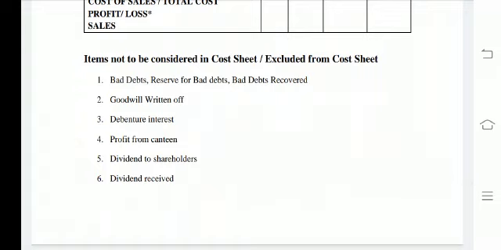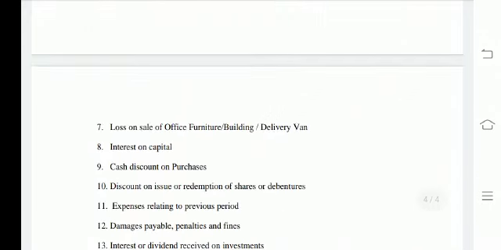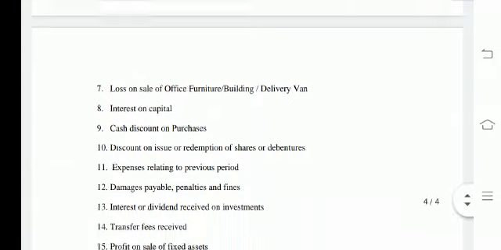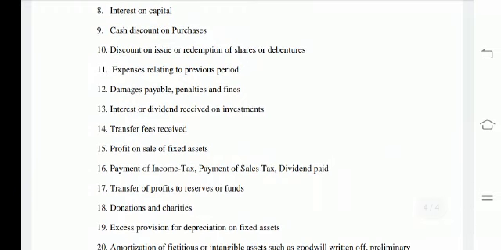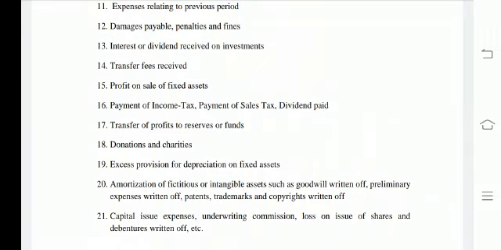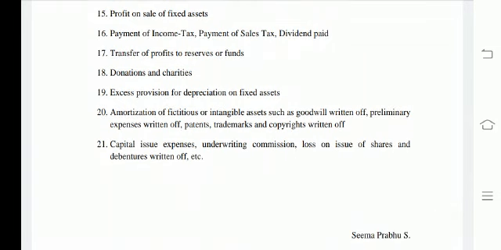Similarly, goodwill written off, debenture interest, profit from canteen, dividend to shareholders, dividend received, loss on sale of office building, delivery van, interest on capital, cash discount on purchase, discount on issue and redemption of shares or debentures, expenses relating to previous year, damages, interest or dividend received on investment, transfer fee, profit on sale of fixed asset, payment of income tax, payment of sales tax, dividend paid, transfer of profit to reserves, donation and charities, excess provision for depreciation on fixed assets, amortization of intangible assets such as goodwill, preliminary expenses written off, patent, trademark, copyrights written off.